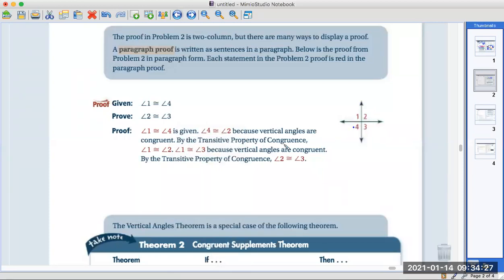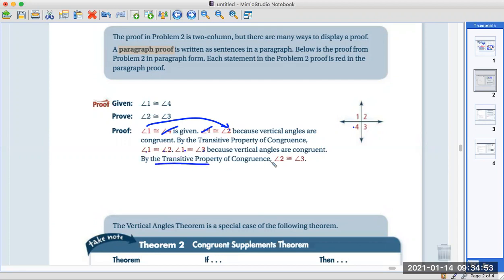By the transitive property of congruence, angle 1 is congruent to angle 2 because 4 is the middle. You can go straight from first to last, right? And angle 1 is congruent to angle 3, also vertical angles. So 1 and 1 are the same, therefore 2 and 3.